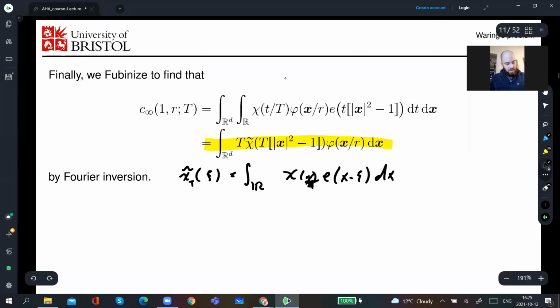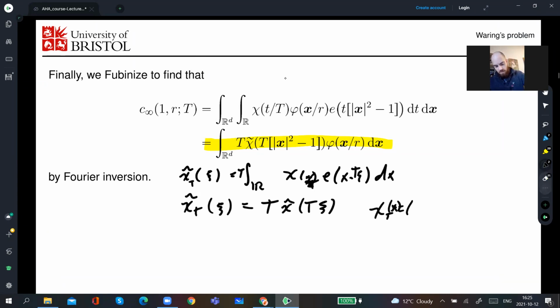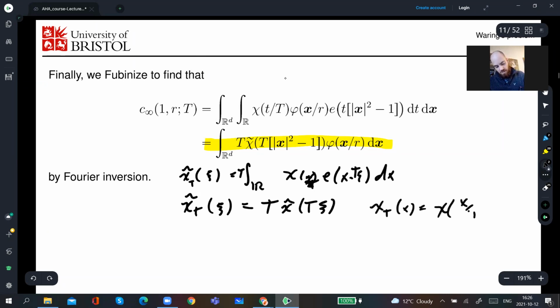That puts out a t here and a t here. So I get chi hat sub t of c is equal to t chi hat of tc, where chi sub t at a point x is just chi of x over t.